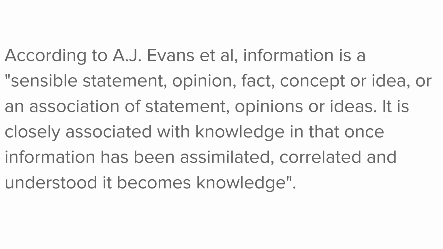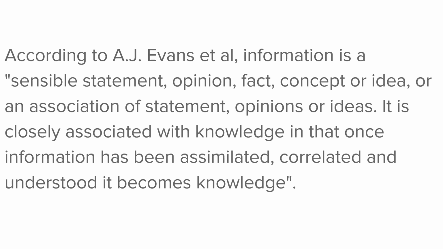Next, let me give a definition by A.J. Evans. Evans says that information is a sensible statement, opinion, or fact, or concept, or idea, or an association of statements, opinions, or ideas that is closely associated with knowledge, in that once information has been assimilated, correlated, and understood, it becomes knowledge.